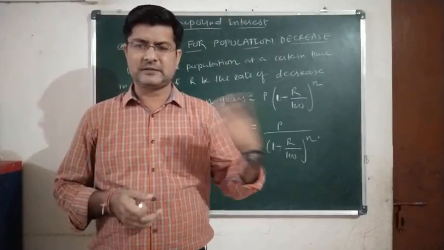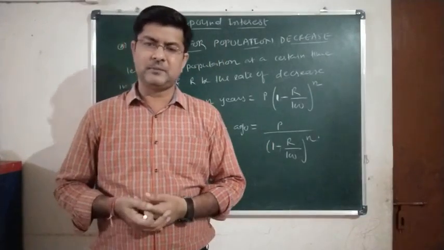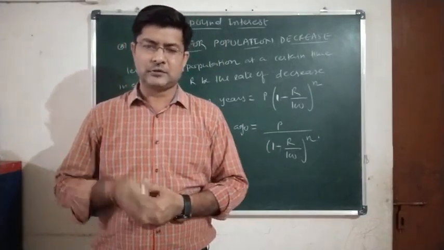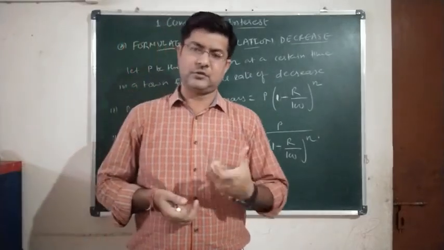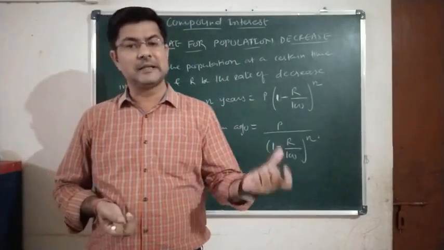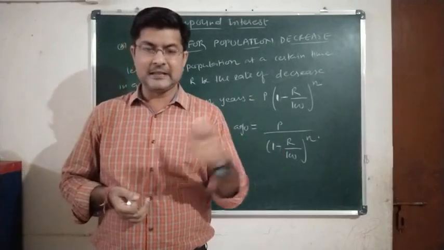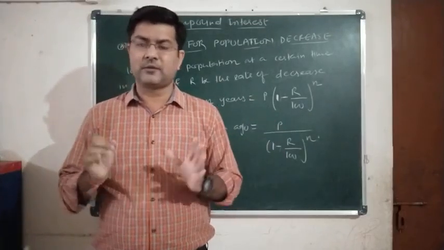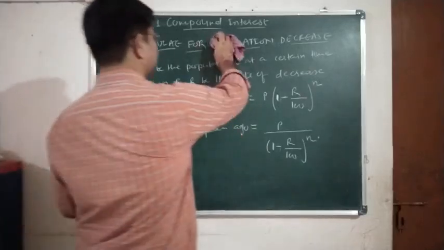If you sell it, nobody will pay 5 lakh; he or she will pay you a lesser amount. That decrease is due to wear and tear, and that is called depreciation. Depreciation means decrease in the value, and decrease per unit time is called the rate of depreciation. Clear? So now we will see the formula for depreciation.